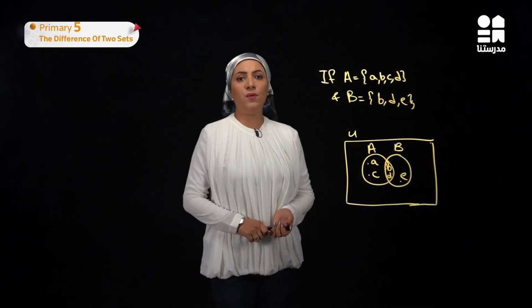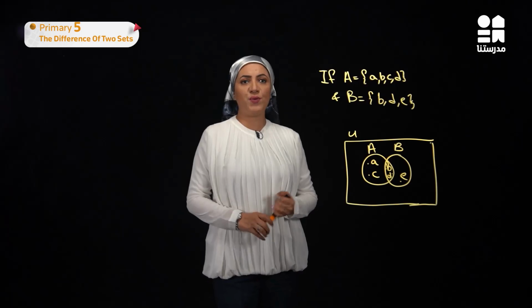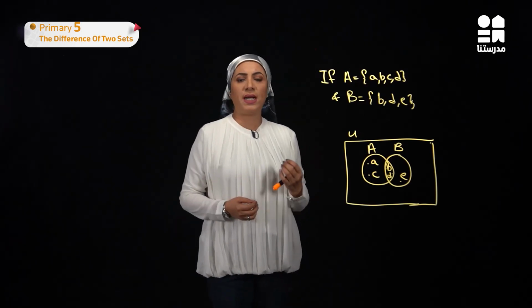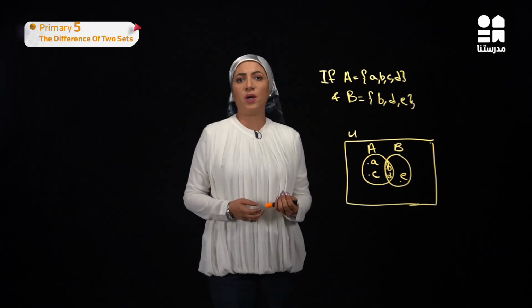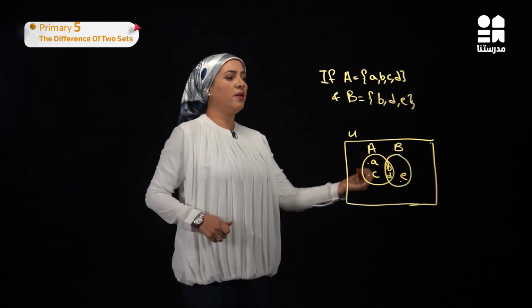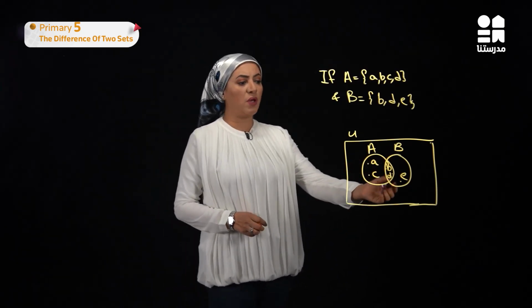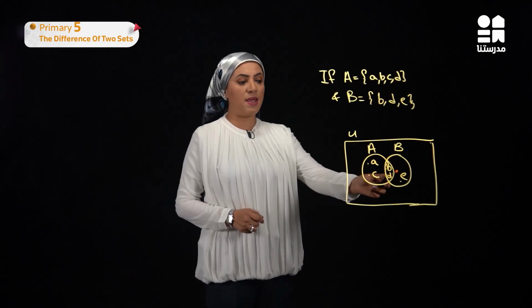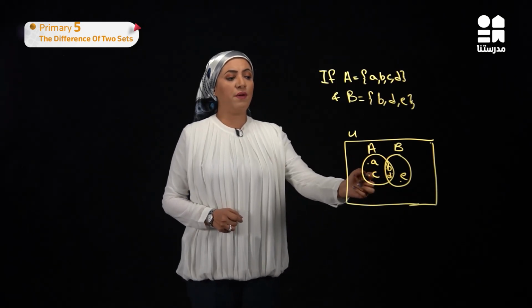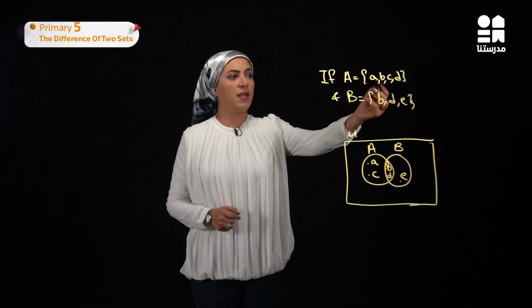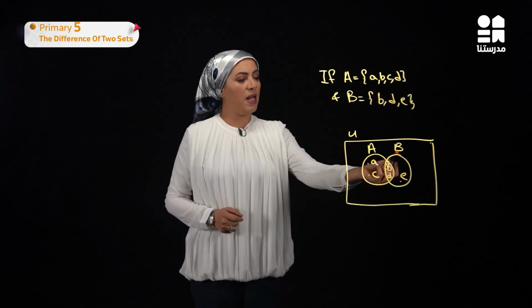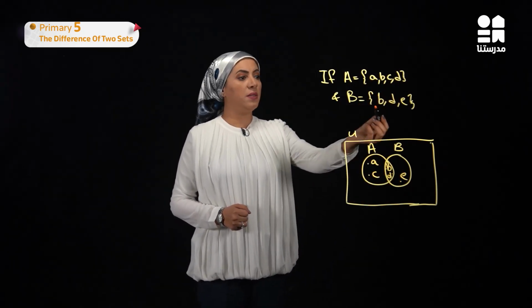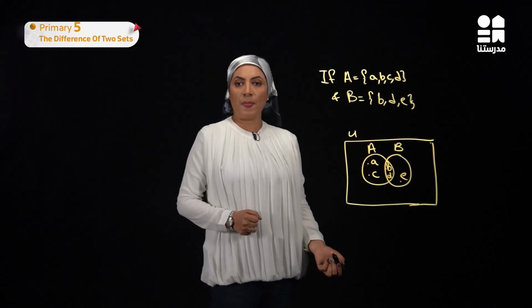Okay guys, now let's see this example to absorb better the idea of difference of two sets. So here, in the Venn diagram in front of you, I have the two sets A and B, and the elements of the set A, as you see, are A, B, C, and D, and the elements of the set B are B, D, and E. Okay?